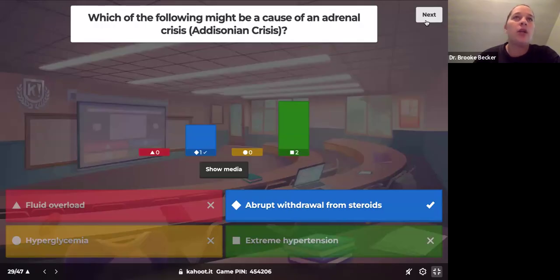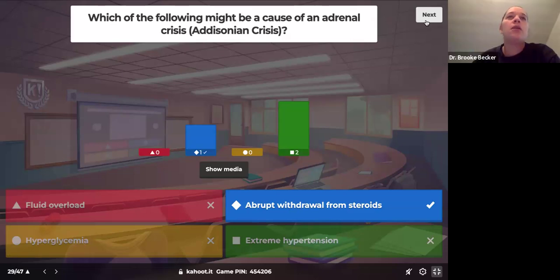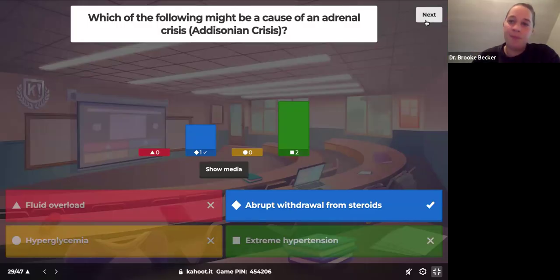And then you titrate it, usually decrease by a few milligrams a week, so that way they don't go into adrenal crisis. Because if you have them on a higher dose of steroids for a week and you don't wean them off, then they're at risk. So like you started with, I don't know, 100 milligrams, you would go to maybe 80, then 70? Yep. Exactly.